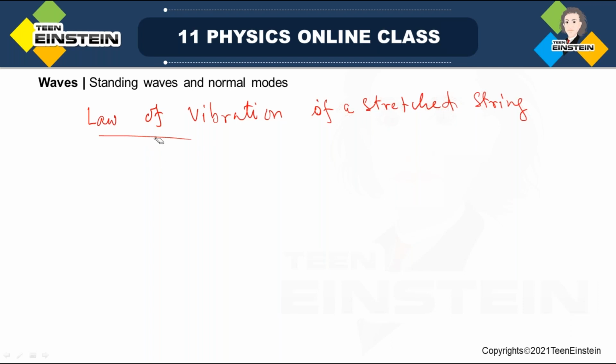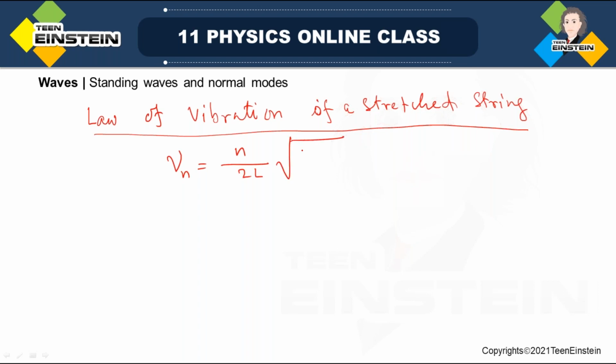We have already written down the frequency condition or the harmonics. From there itself we can write down the law. Nu is equal to n by 2l into root over T by m, where T is the tension in the string and m is the mass per unit length.